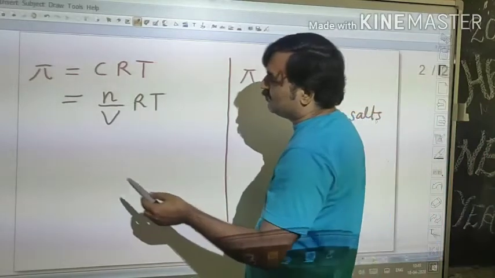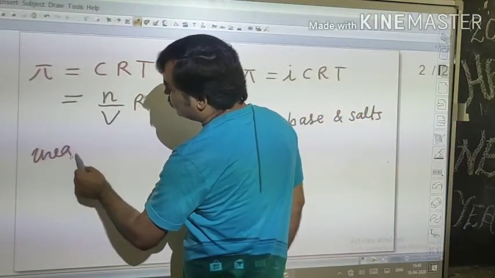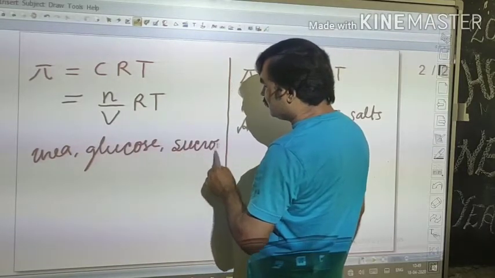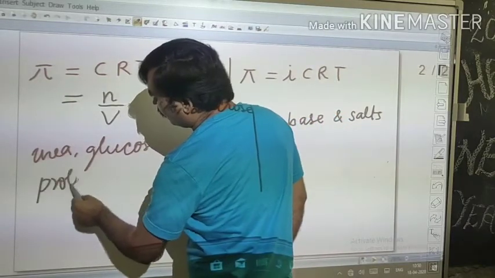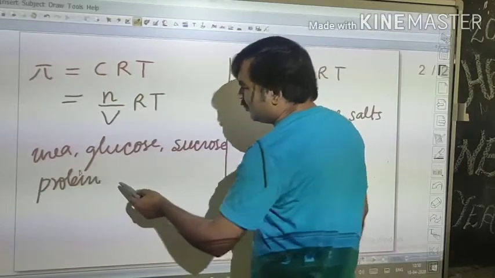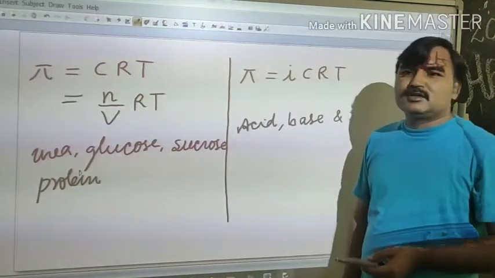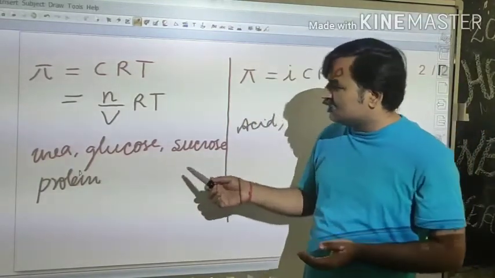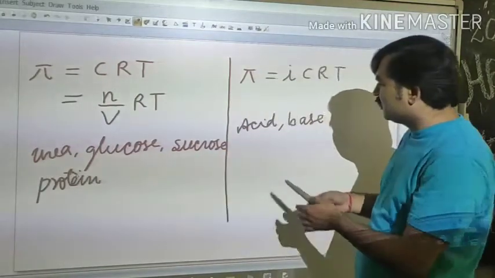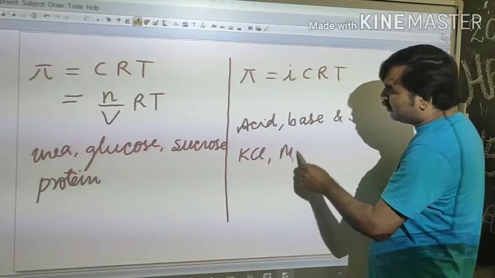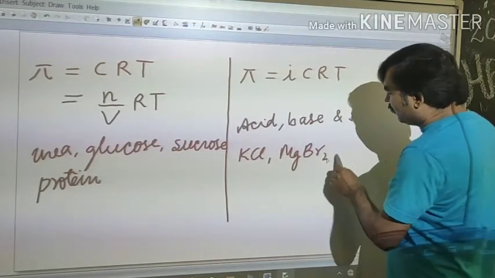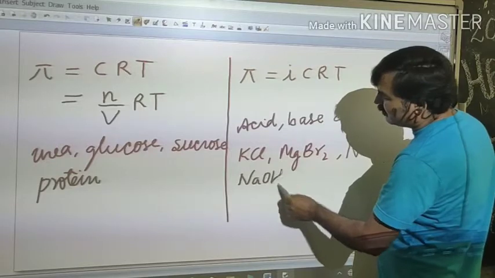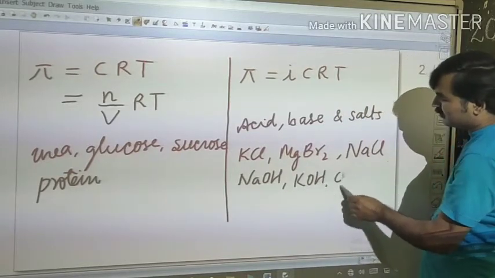But those substances which we commonly use here, like urea, glucose, sucrose, protein molecules, are non-electrolytes. Because in most questions you find examples of solute which may be urea, glucose, sucrose, protein, and here we find KCl, MgBr2, NaCl and NaOH, KOH, acetic acid.